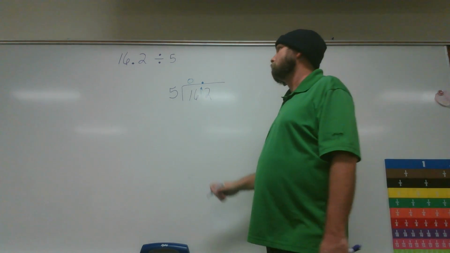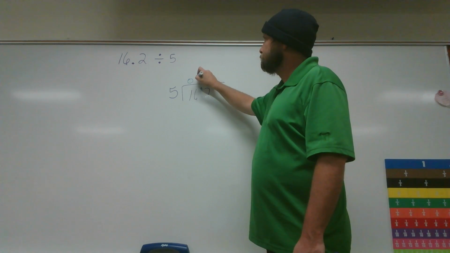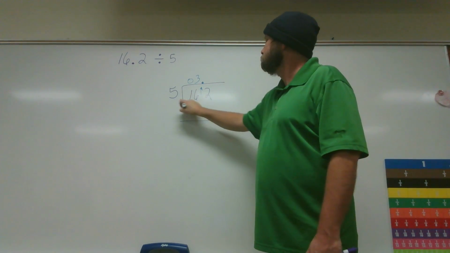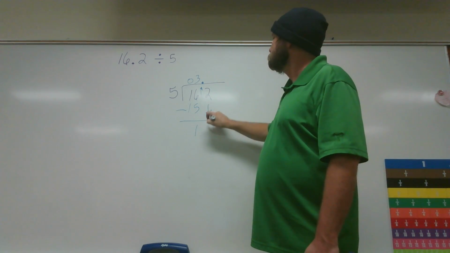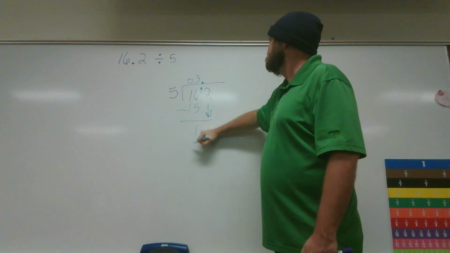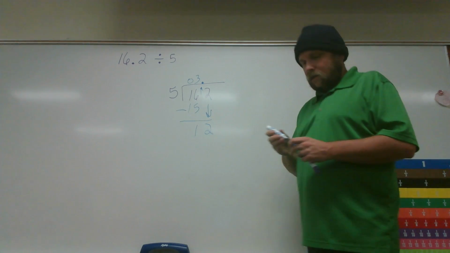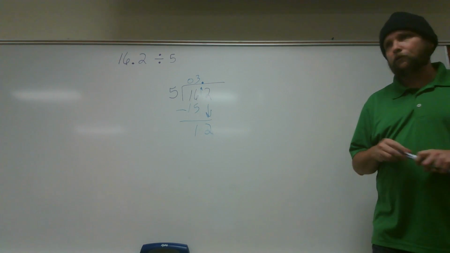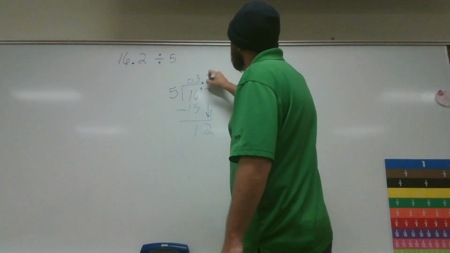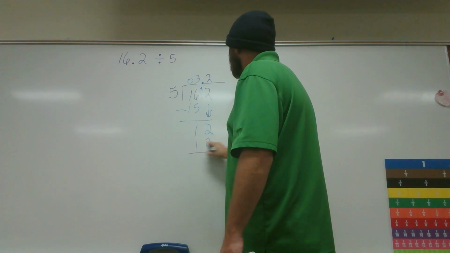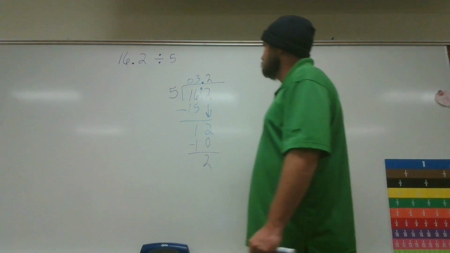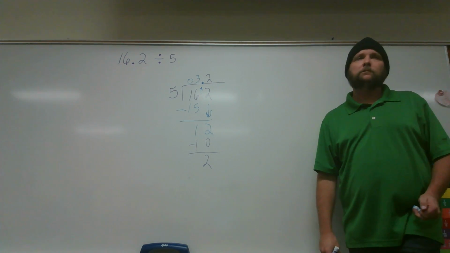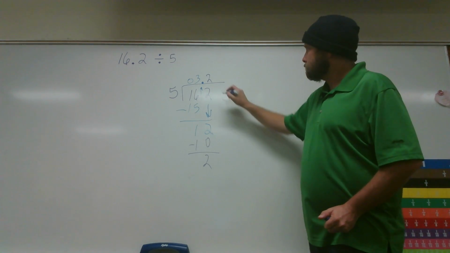How many times? 3. How many times does 5 go into 12? 2. So 12 minus 10. Do I have 3.2 remainder 2? No. What do I do? You have to add a 0.